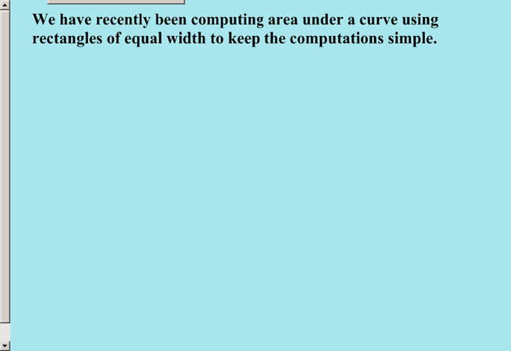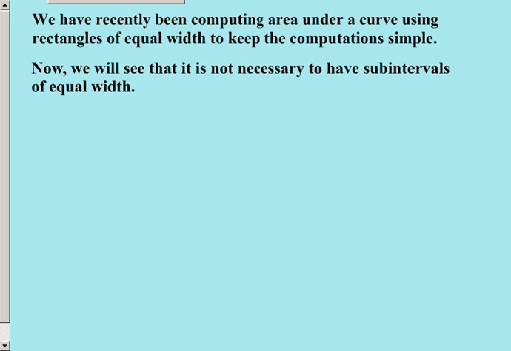We've recently been computing area under a curve using rectangles of equal width in order to keep the computations as simple as possible. Now what we're going to be looking at is that it is not necessary to have the subintervals have equal width at all.